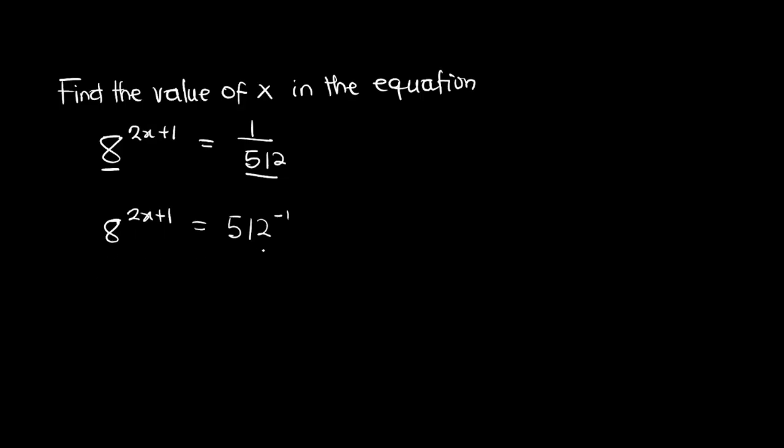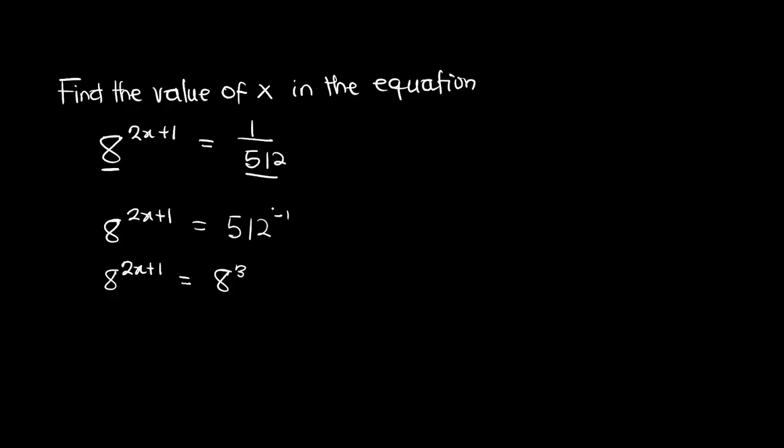Now, to convert 512, forget the negative 1 for now. To convert 512 into 8 raised to the power something, 8 times 8 times 8, or 8 raised to the power 3, will give us 512. So I'll maintain the left hand side, 2x plus 1, is equal to 8 raised to the power 3, which gives us 512.